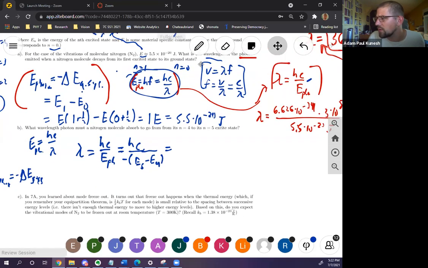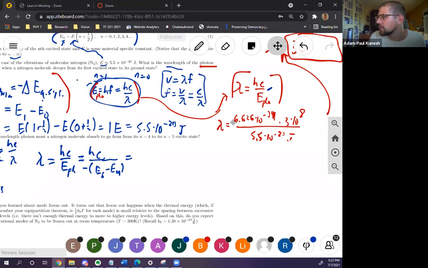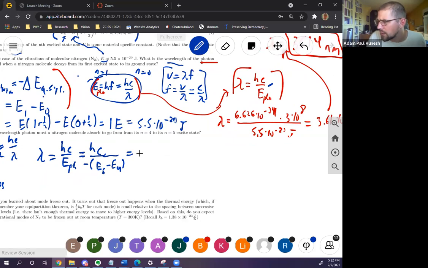Let's just do it in terms of joules again. 6.626 times 10 to the negative 34th times 3 times 10 to the 8th over negative (E5 minus E4). What's E5?